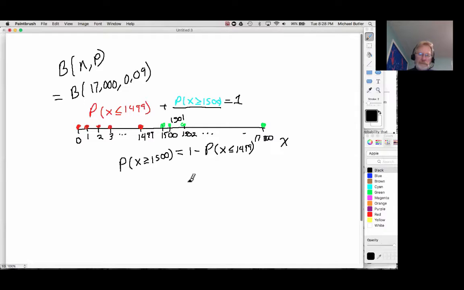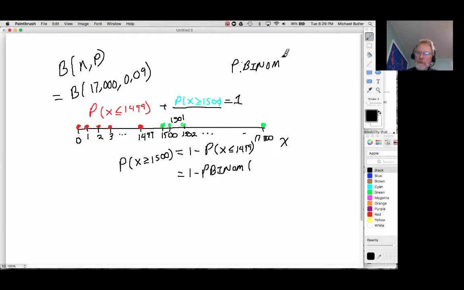Okay, so now how do you do that in R? Well, that's going to be 1 minus pbinom. I've got to put in my x. In case you forget, you can always do a question mark on it to remind yourself. Oh, I didn't want that parenthesis in there, excuse me.